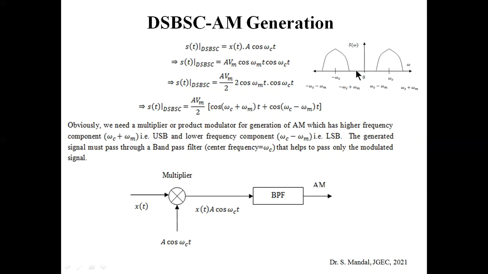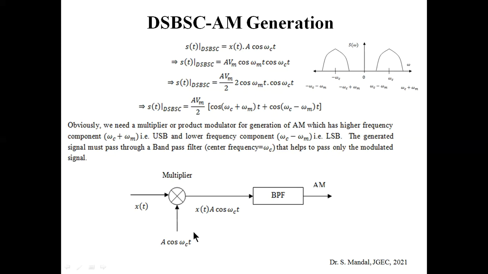Suppose we can use a 250 kilohertz carrier frequency for another type of message signal. So for efficient use of the total frequency spectrum, we need to use a bandpass filter so that we transmit only the useful spectrum, that is the sideband of the DSBSC signal.